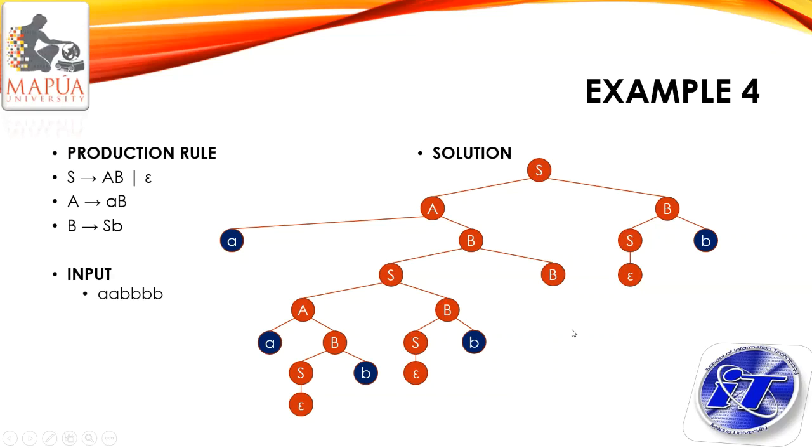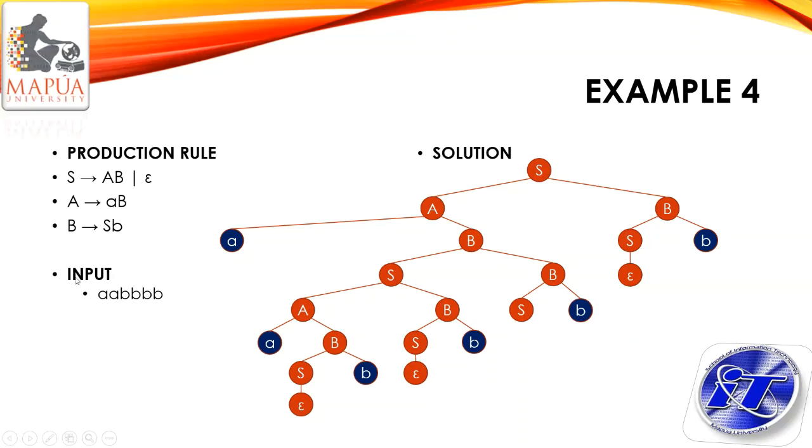Now let's move on with the fifth symbol. So B will be replaced by start symbol S and by B. Okay, and which option will be replacing S? AB or null?